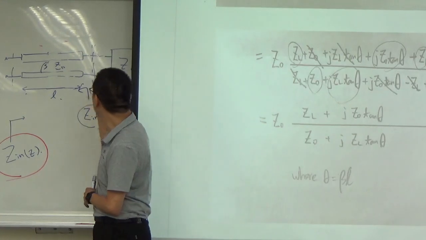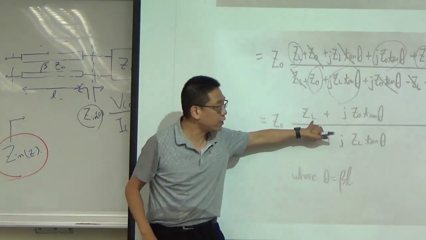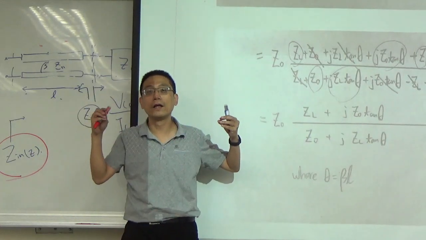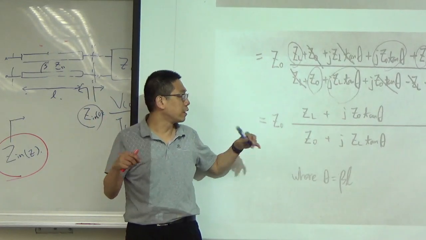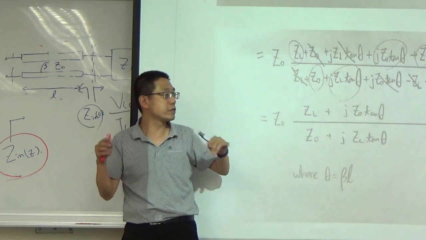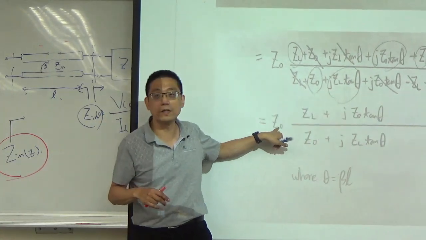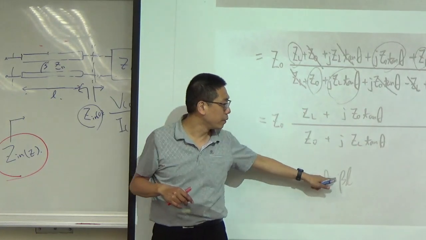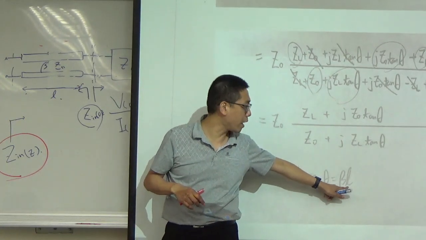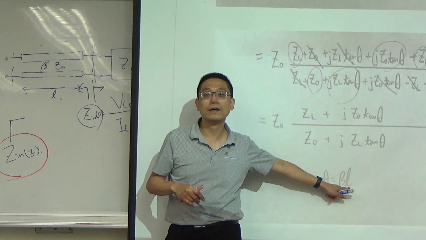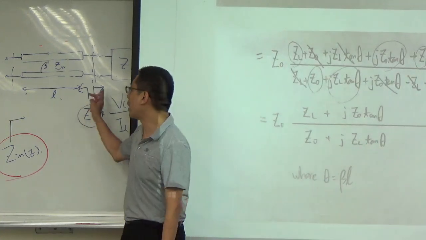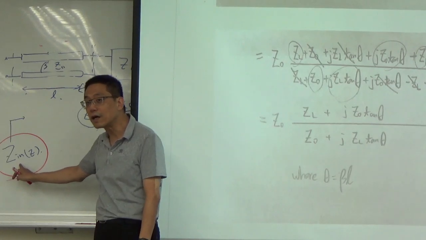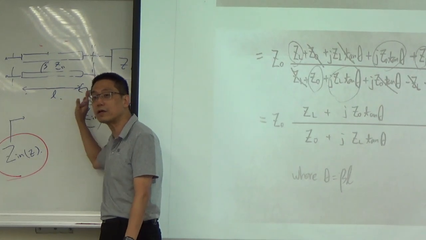If I have a load ZL and a transmission line with characteristic impedance Z0, a beta and a length, I will know what your new input impedance is according to these parameters.